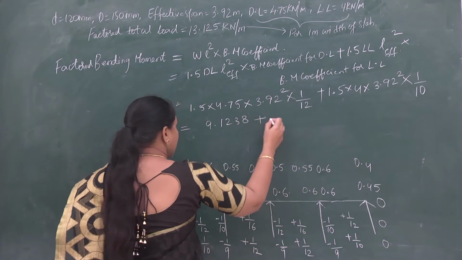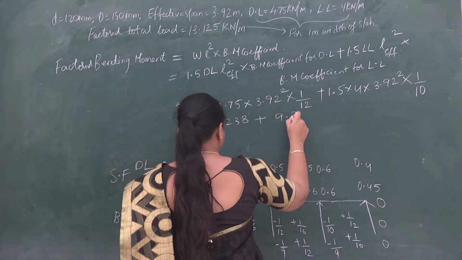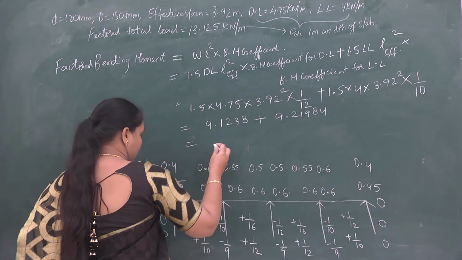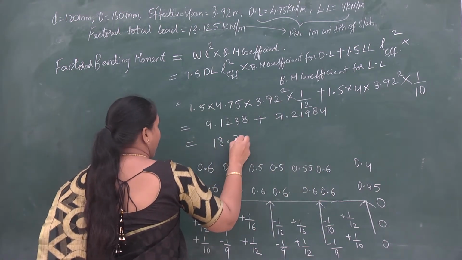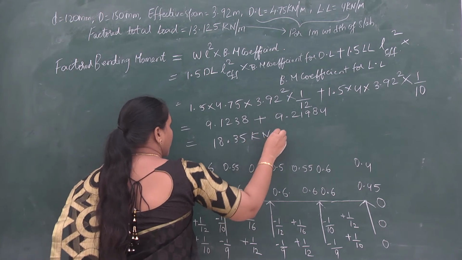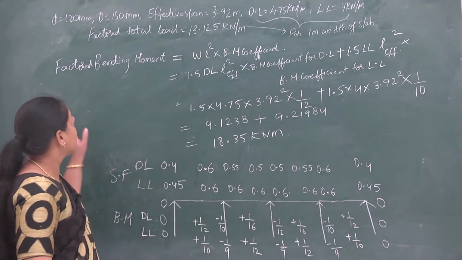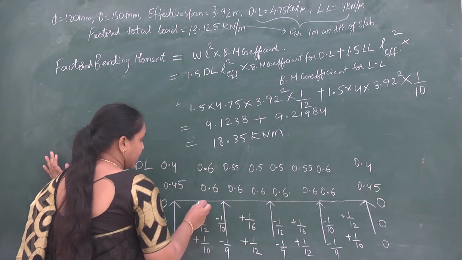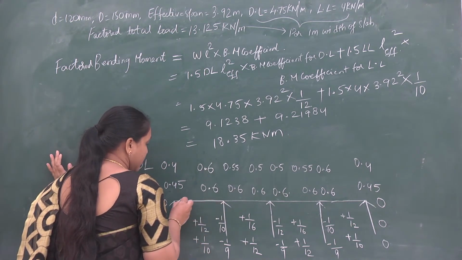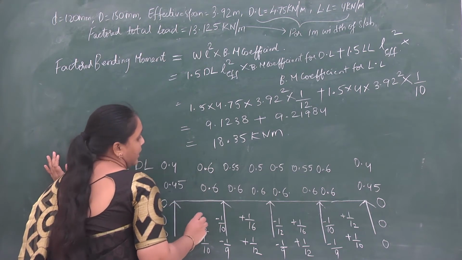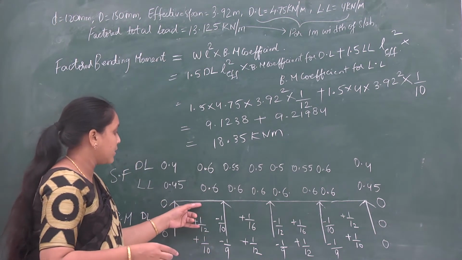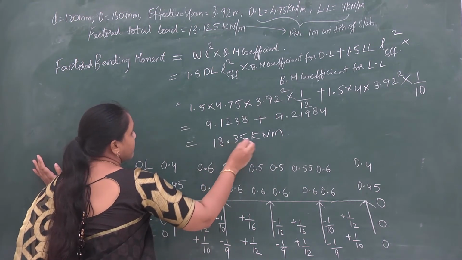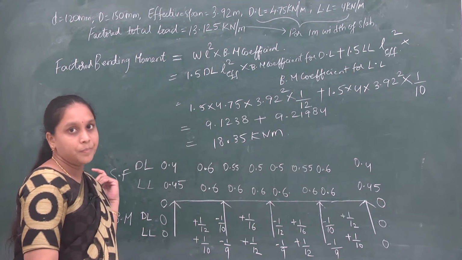If you solve this, you will get a value of 9.21984. So total you will get a value of 18.35 kilonewton meter. So this is going to be the factored bending moment at the center of the span near the end support. So near the end support at the center of the span, the bending moment is 18.35 kilonewton meter.